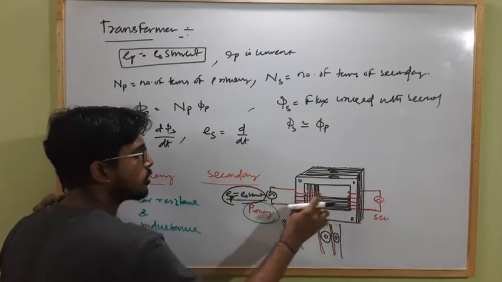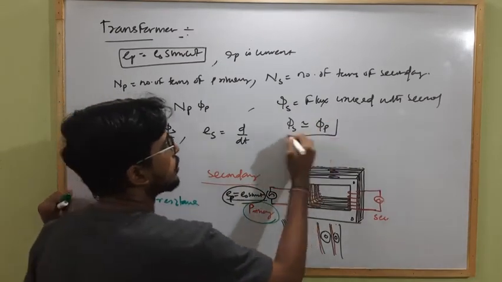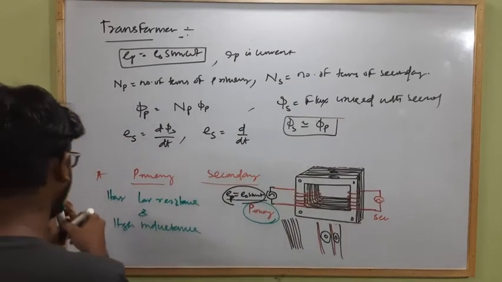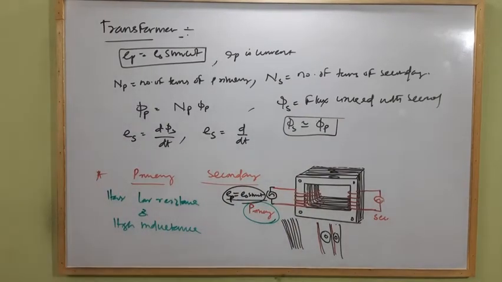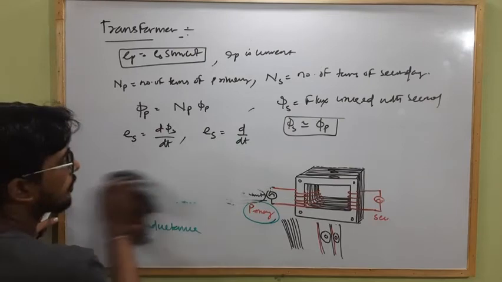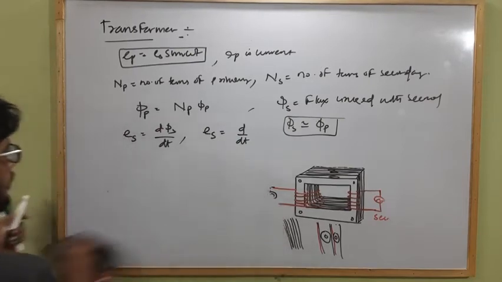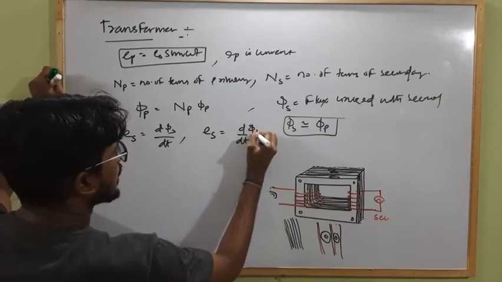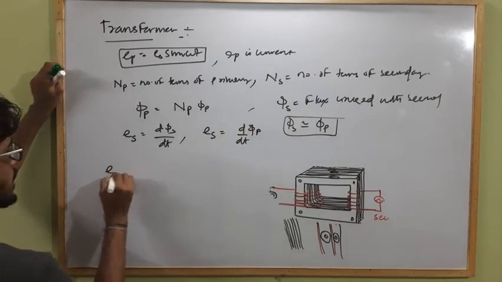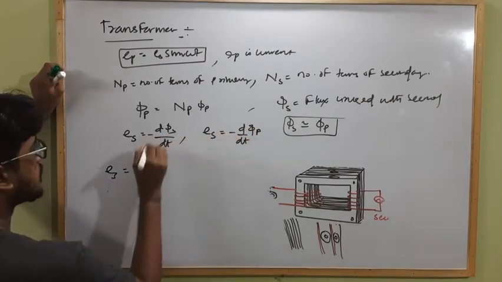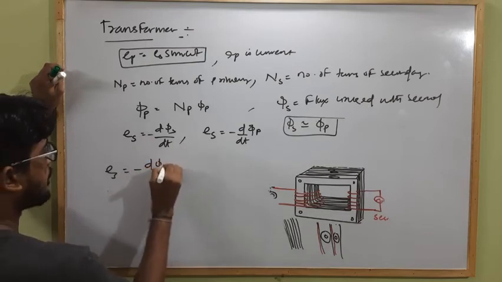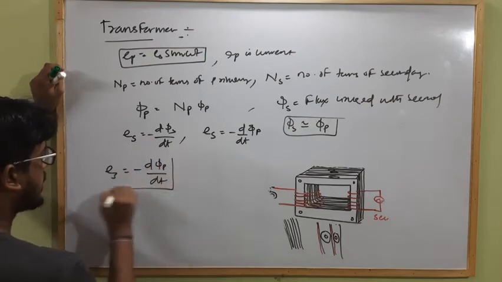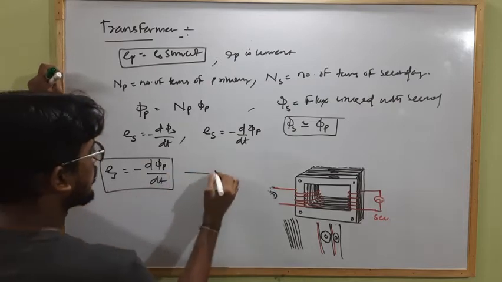So the flux produced by the primary will be equal to the flux linked with the secondary. So from here we can write ES equal to how much? Minus d phi p by dt. Okay, let it be equation 1.